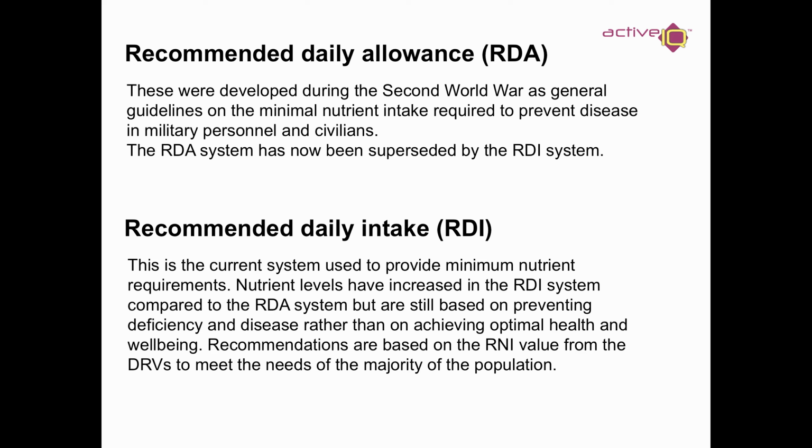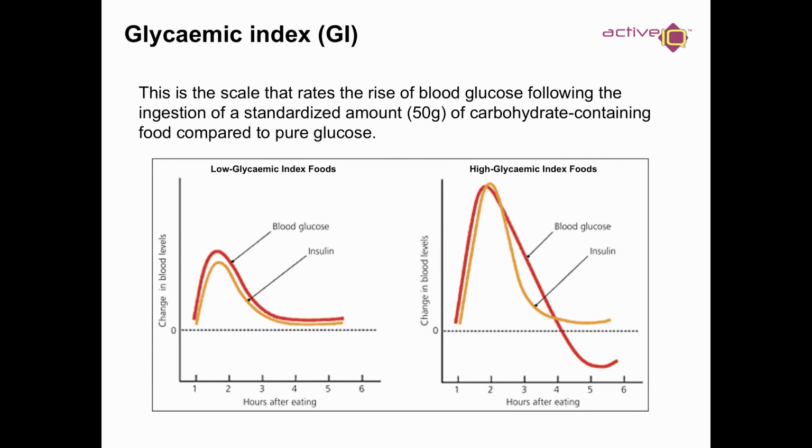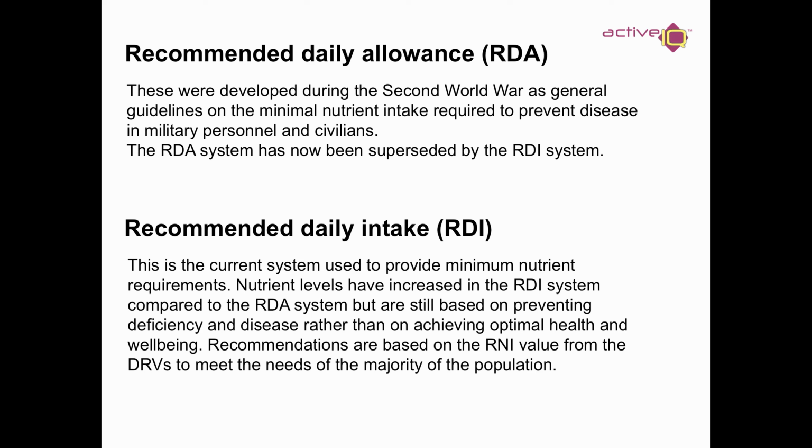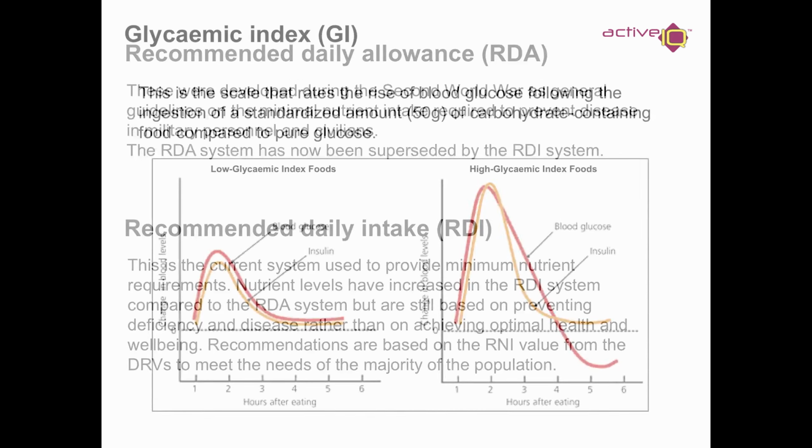They're just guideline figures for the vast majority of the population. However, they do give us a rough framework to work from, and they can help us in our jobs as personal trainers. Just to recap: RDA, recommended daily allowance; RDI, recommended daily intake.